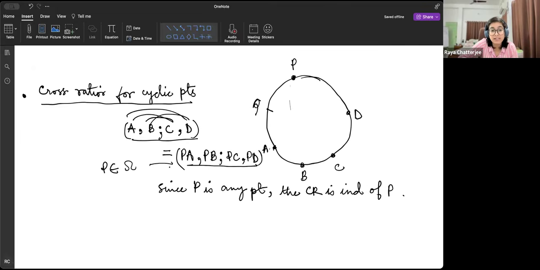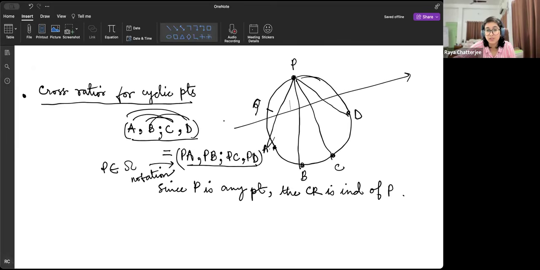But this is a notation thingy, which implies that you can take any point P, join these lines, and take another transversal to it, and then take the intersections with PA, PB, PC, and PD. Whatever points you get, like X, Y, Z, W, then it is going to be the cross ratio of (X, Y; Z, W). That is why we say it is equal to (PA, PB; PC, PD), but it's more like a notation thing. It doesn't mean that we are taking the ratio of the lines or something like that.